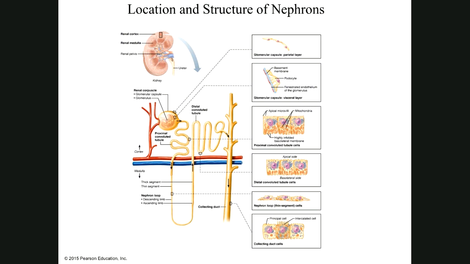So to go to the capsular space, not only does the fenestrated endothelium of the glomerulus allow that, but also those filtration slits between those feet allow the filtrate to pass into the capsular space. Okay, so let's keep going.